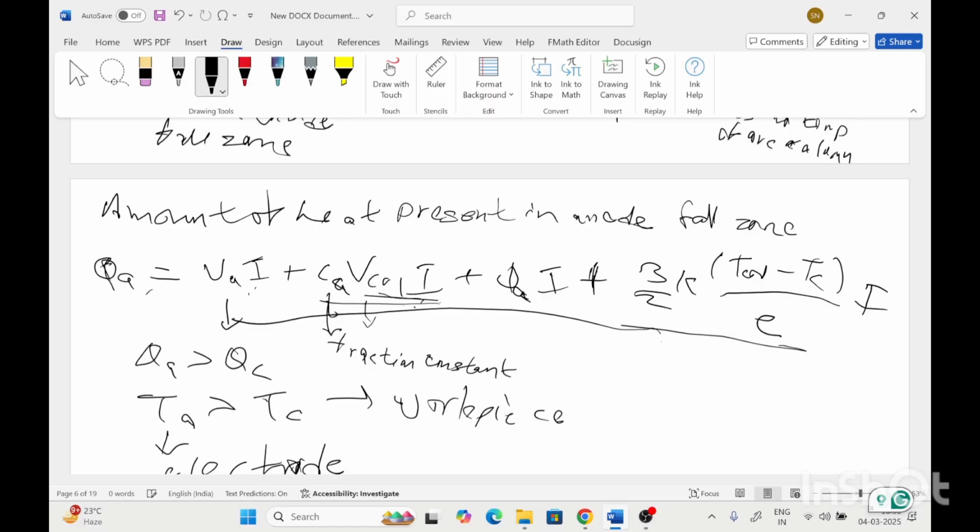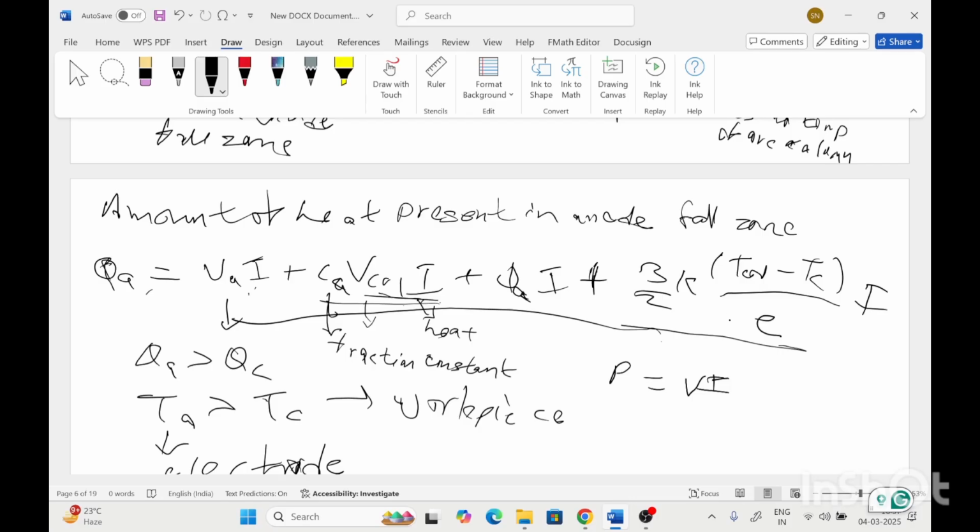The third term is power. We write this power term as VI, so VI is the heat. The next term, phi A, is the work function, the heat required to generate ions at the anode.